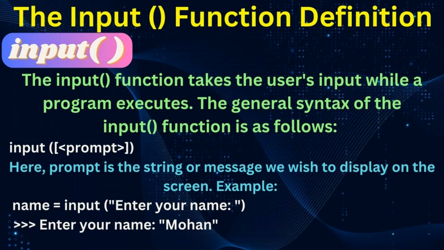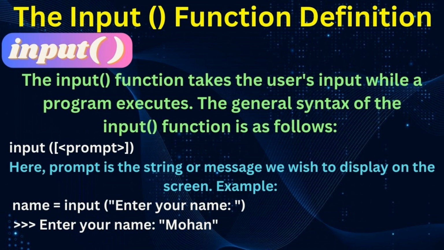Now when we press enter, what happens? After the command prompt, it displays "Enter your name", and here we just put Mohan. So it displays Mohan. We input the name Mohan. Now if we print it, then it displays Mohan.